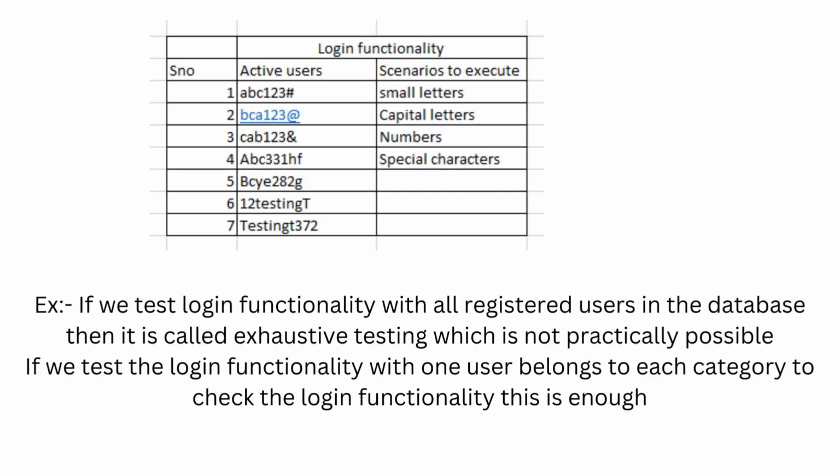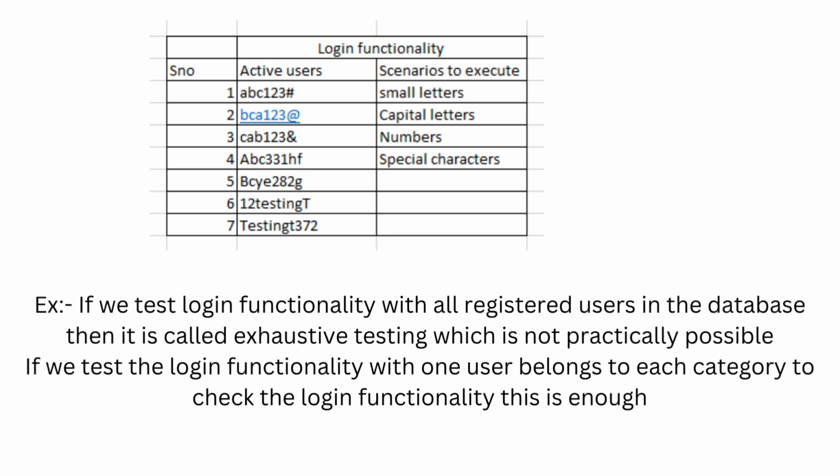Here, if we test login functionality with all registered users in the database, then it is called exhaustive testing, which is not practically possible. If we test the login functionality with one user belonging to each category, this is enough. This example I will explain in detail.